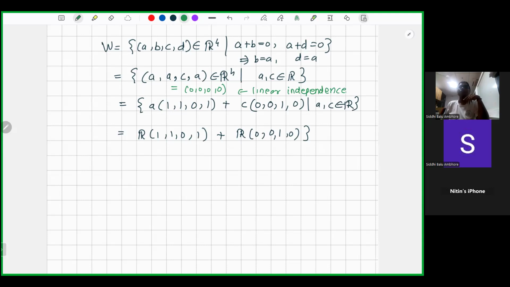So that's it, and from here we get the dimension of W as 2.